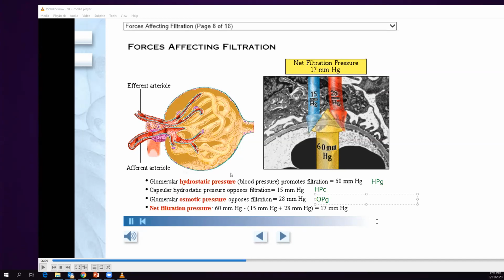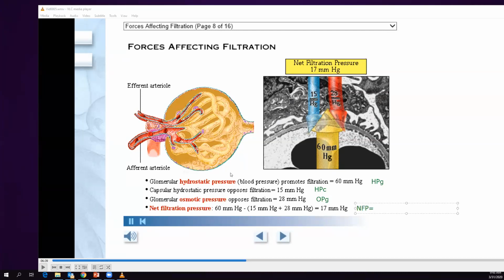Okay, so we can do an equation without numbers that we can always use regardless of what our different pressures are. And so it's going to be like this, NFP, net filtration pressure.